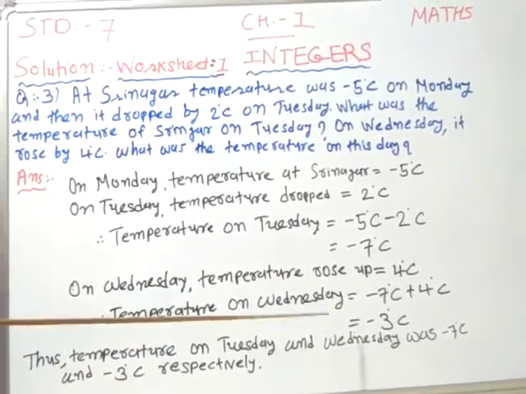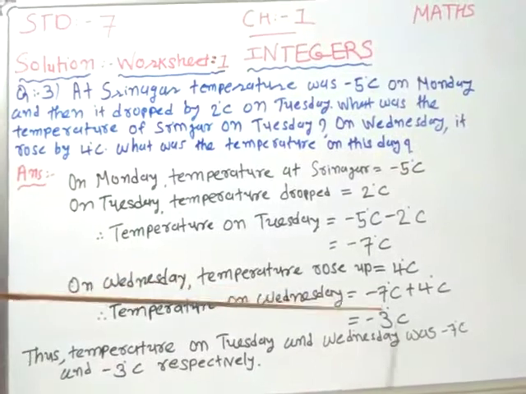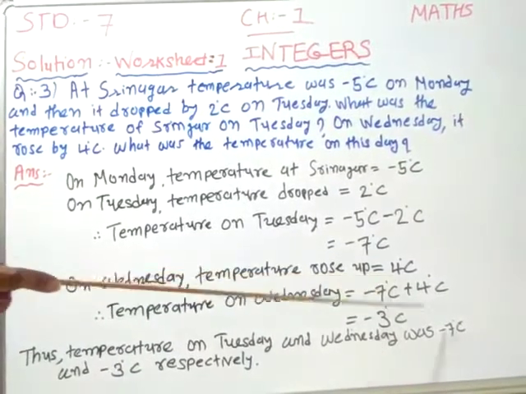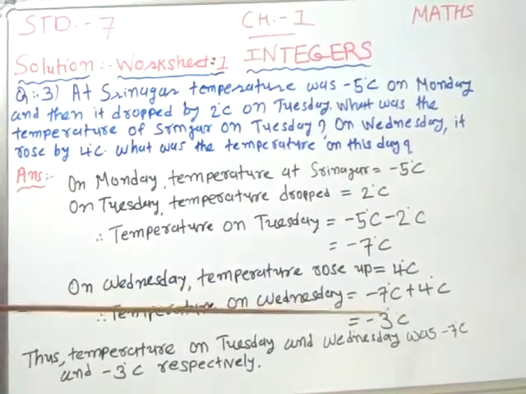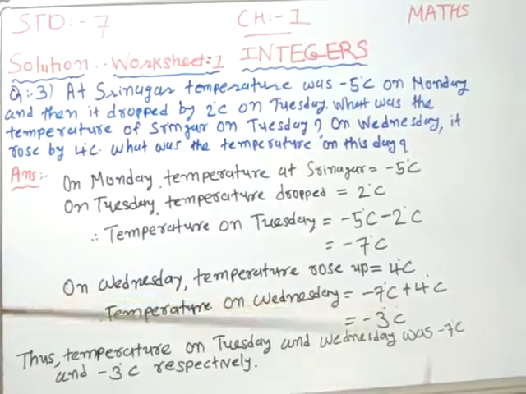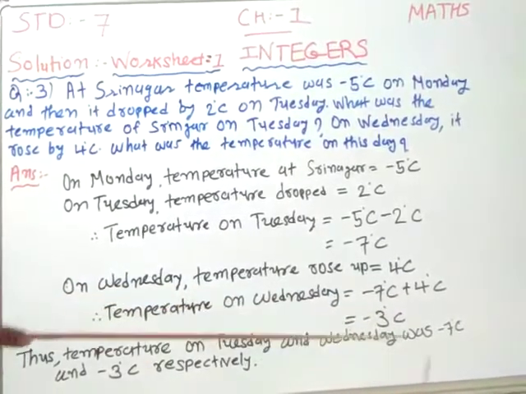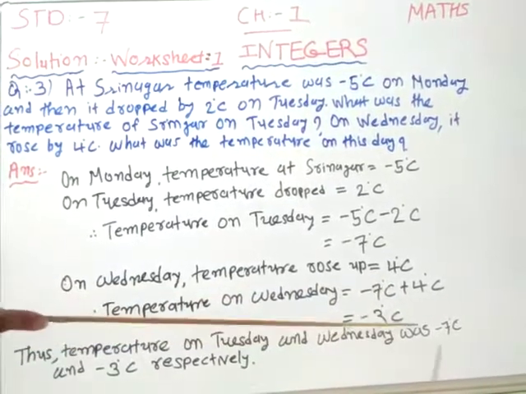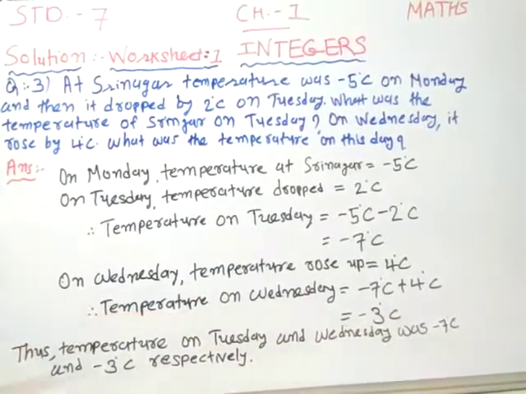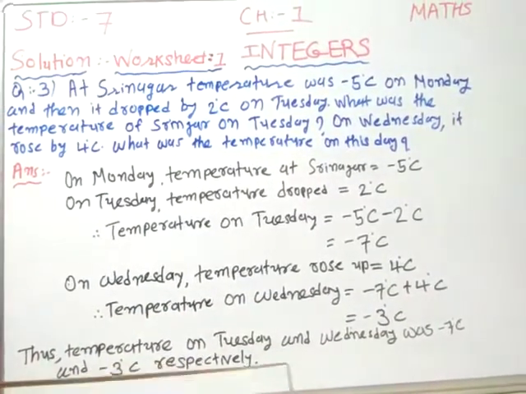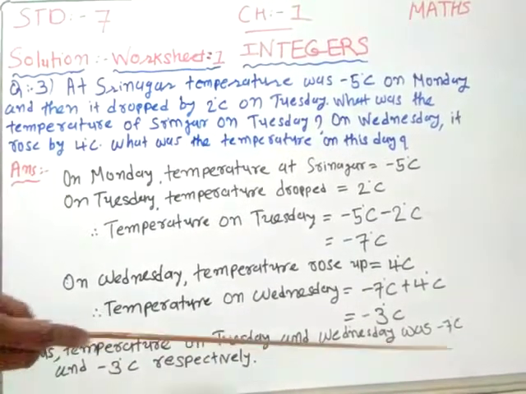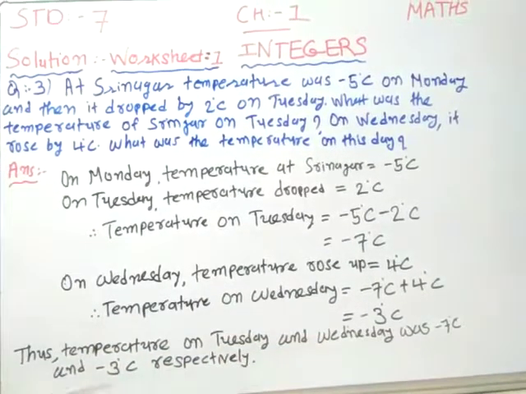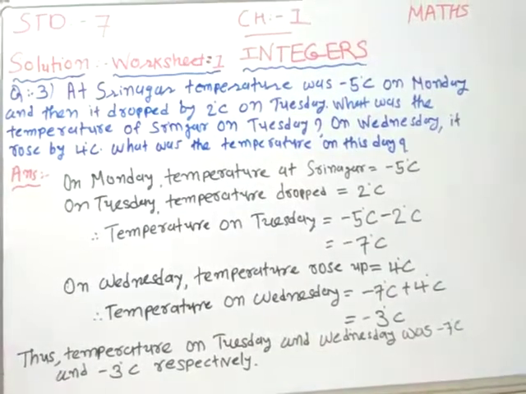Therefore, the temperature on Wednesday is equal to minus 7 degrees Celsius plus 4 degrees Celsius. Minus plus plus means 7 minus 4 is equal to 3, but the sign will be that of the bigger digit. So it's minus 3 degrees Celsius. Therefore, the temperatures on Tuesday and Wednesday were minus 7 degrees Celsius and minus 3 degrees Celsius respectively.